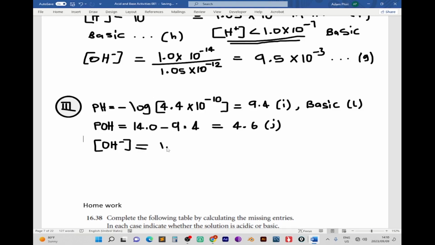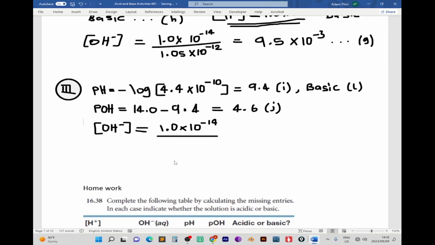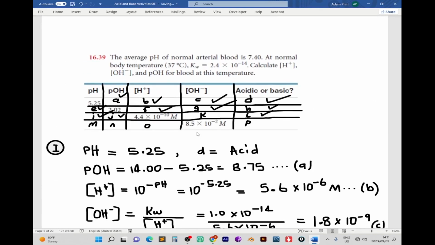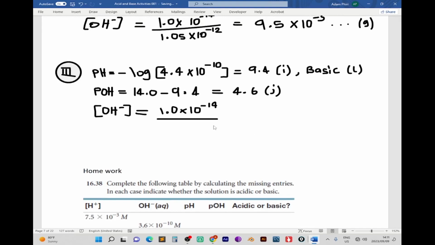In this case, the concentration of the base is 1.0 multiplied by 10 to the power negative 14 over the concentration of the acid. So we check from the table provided, concentration of acid is 8.5. But I don't know if I picked that right.